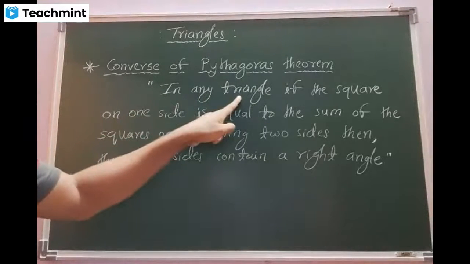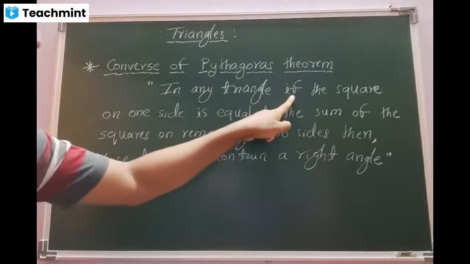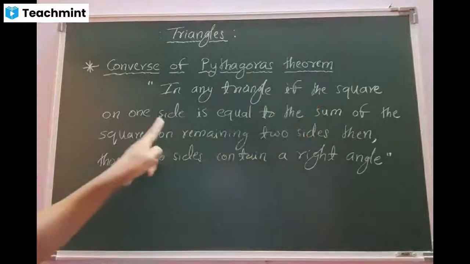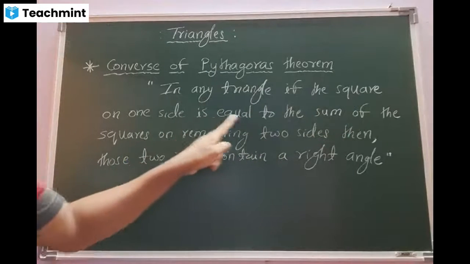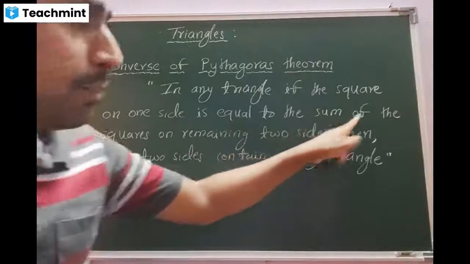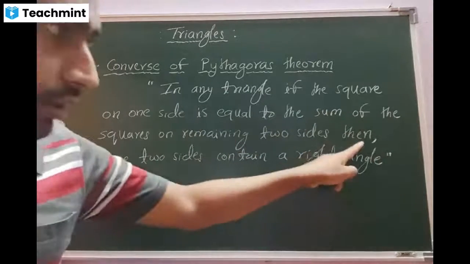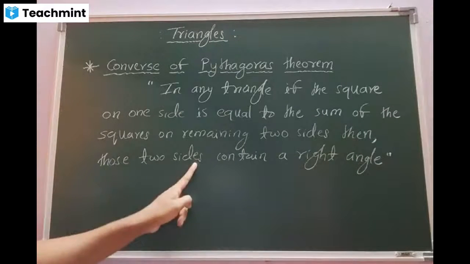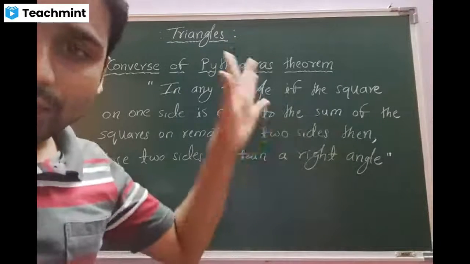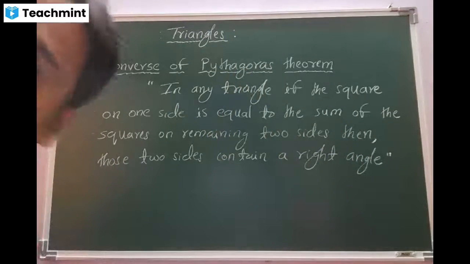In any triangle, if the square on one side is equal to the sum of the squares on the remaining two sides, then those two sides contain a right angle. Is that clear? Yes, sir.